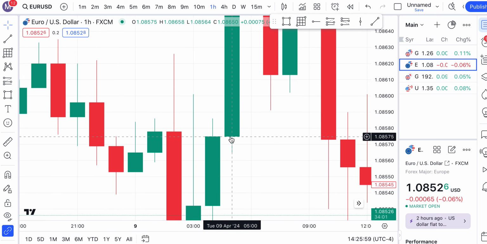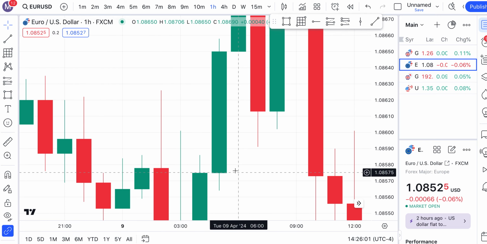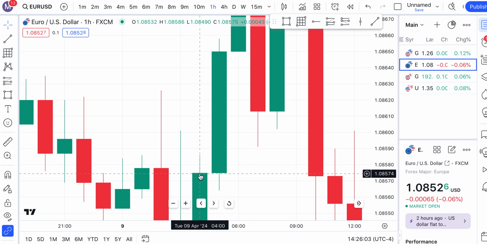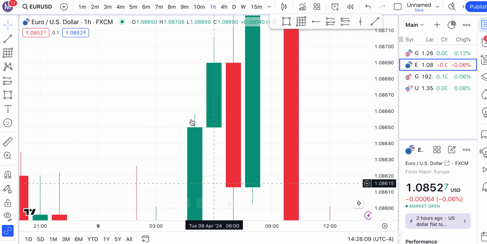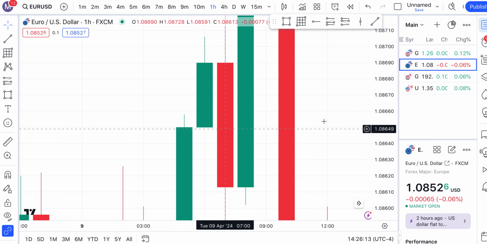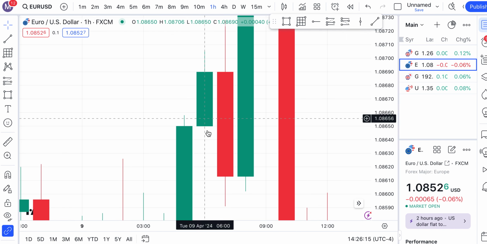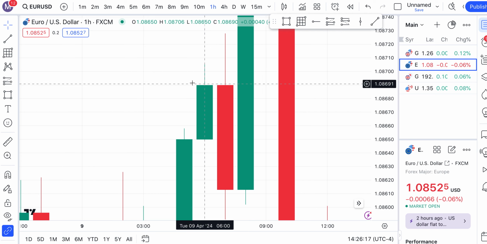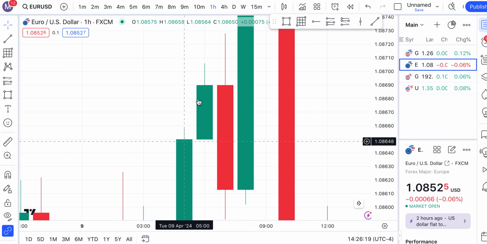Closed, next candle opened, and we closed above the close of the previous candle, which again makes it a bullish candle. Next candle opened at the same price, obviously, because we know that always happens. Came up, closed up here.